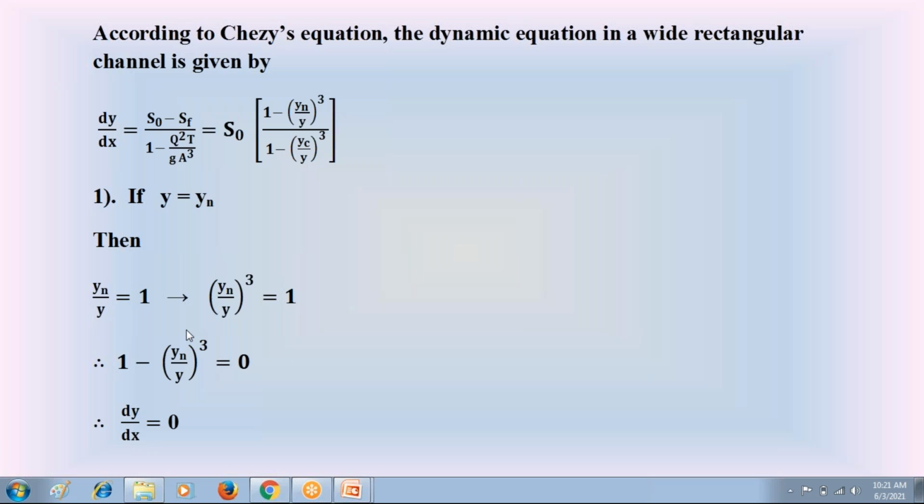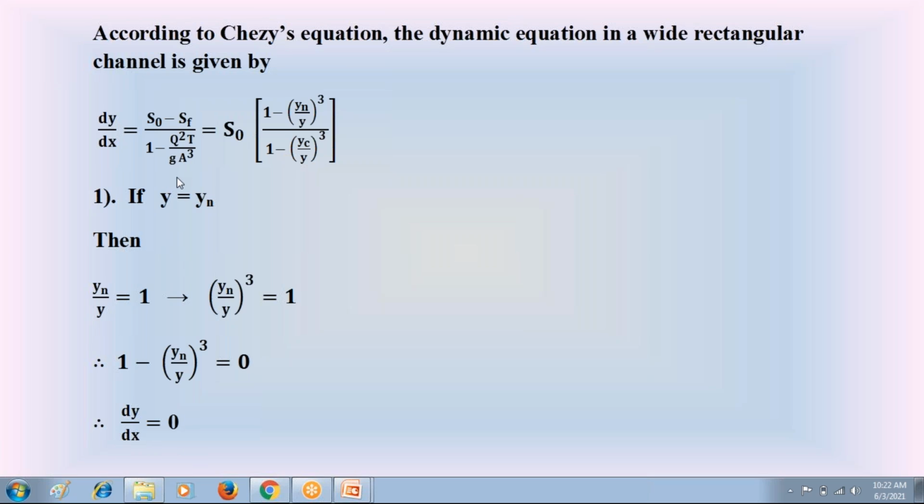Zone 2, dy by dx is negative. Zone 3, dy by dx is positive. That we completed already. I am going to discuss what this dy by dx value is for different values of depth of flow y. So please everyone note down this mathematical calculation while I am explaining on the PPT.